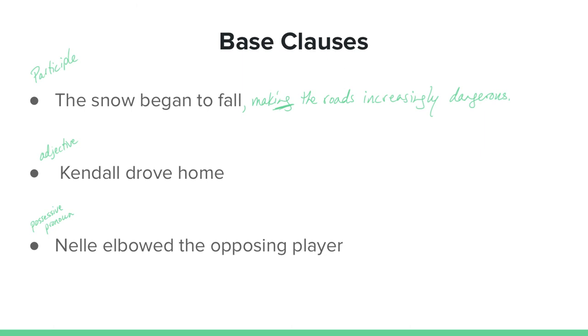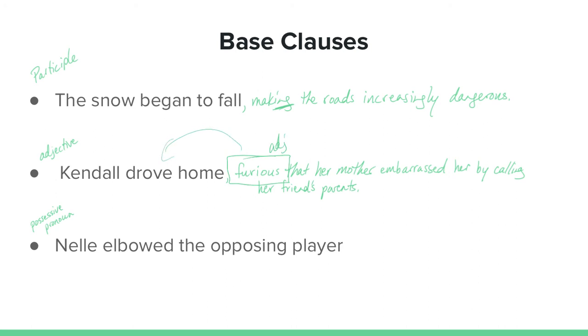The next one I'll use an adjective. So the base clause is Kendall drove home. To that I'll add furious that her mother embarrassed her by calling her friends' parents. So furious is our adjective. We're using that to describe how Kendall was when she drove home. She's driving home furious.